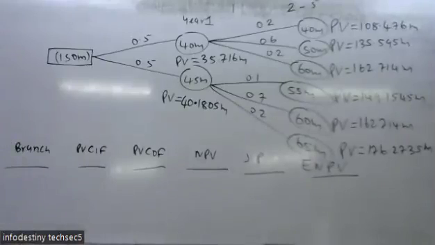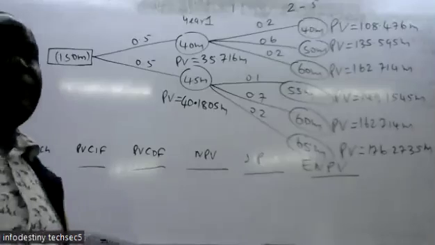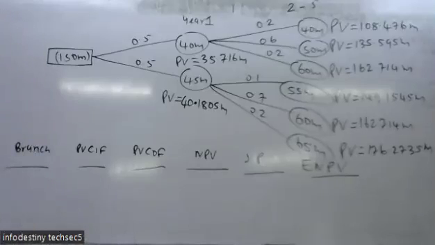So the question has 6 branches, so we shall be computing for each branch.